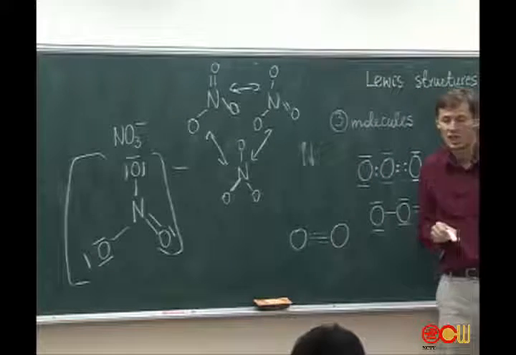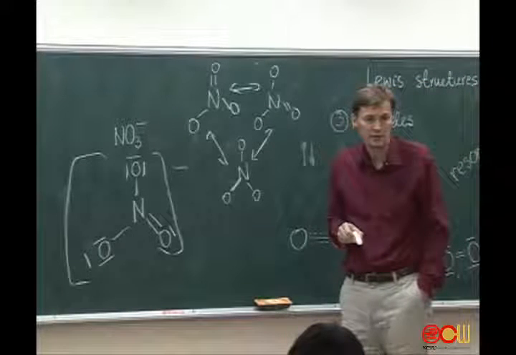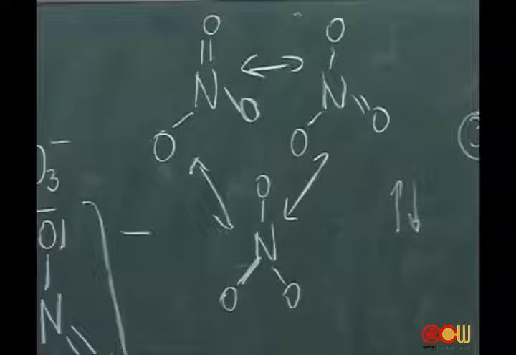Again, no such transfer was observed in experiment. Nothing like that happens. So it looks like the Lewis structures are just simply wrong, because the real structure of the molecule looks like that.